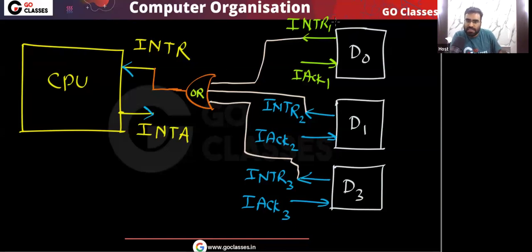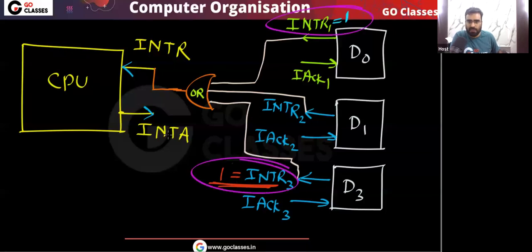Let's assume this interrupt request is one. Just think logically. Let's assume this is one, and this interrupt request is also one. So let's assume these two devices, this D3 and this one, are both one. Now in this situation, what will happen?